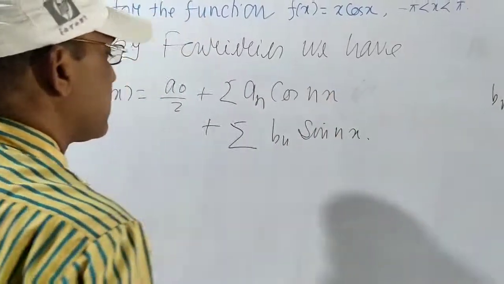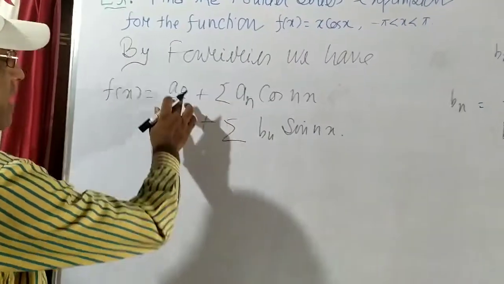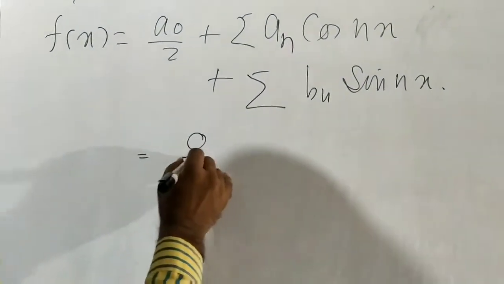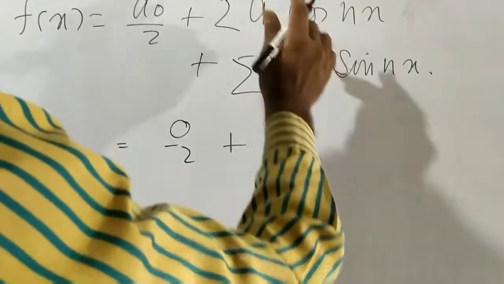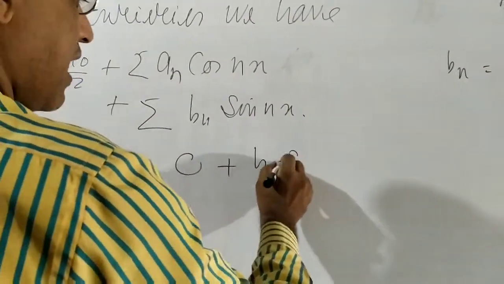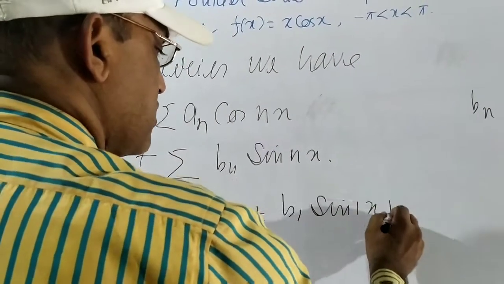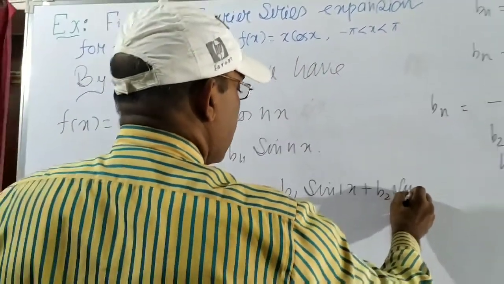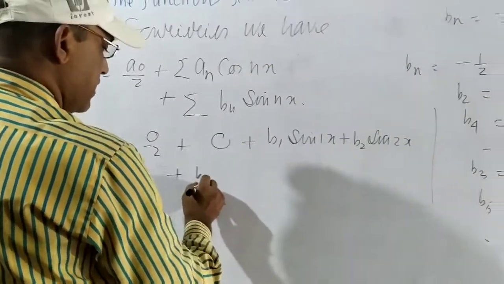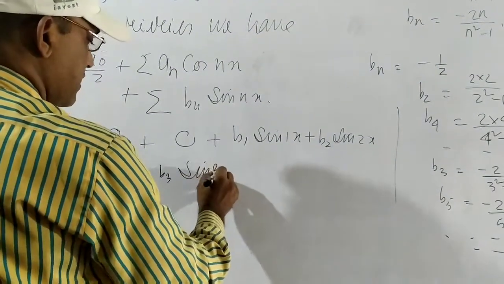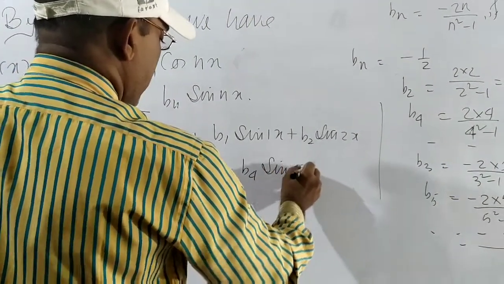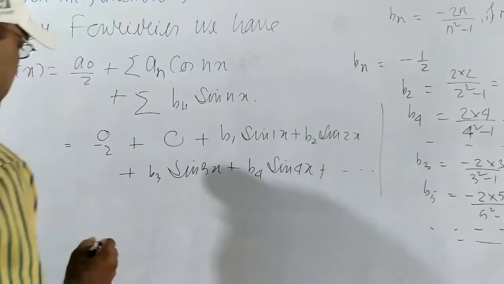We know a naught is 0. This is an odd function, so a naught is 0 and the a n terms are also 0. Next we find only b1 sin 1x plus b2 sin twice x plus b3 sin thrice x plus b4 sin 4x plus dot dot dot. We can write in this way.